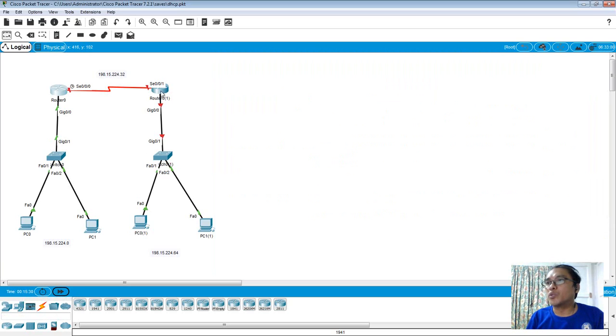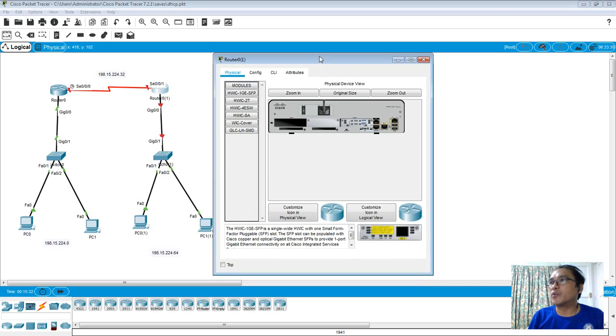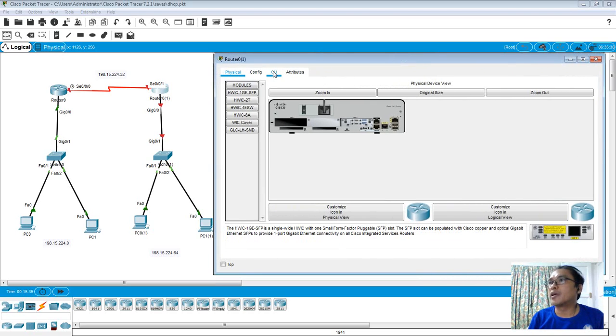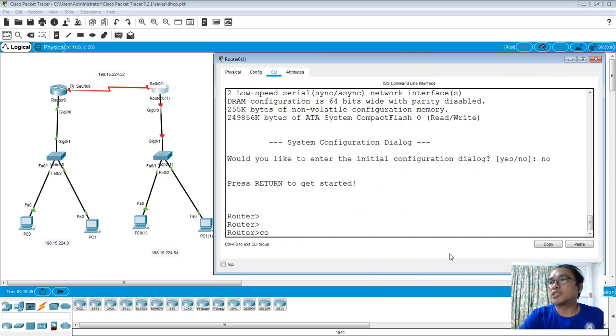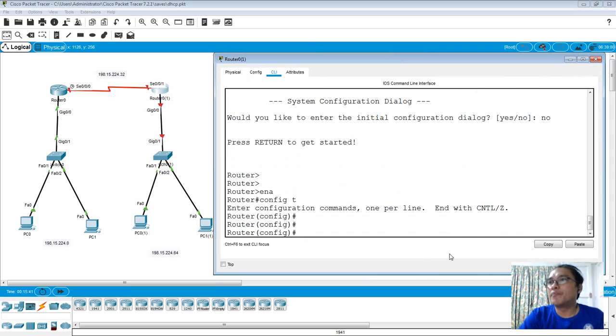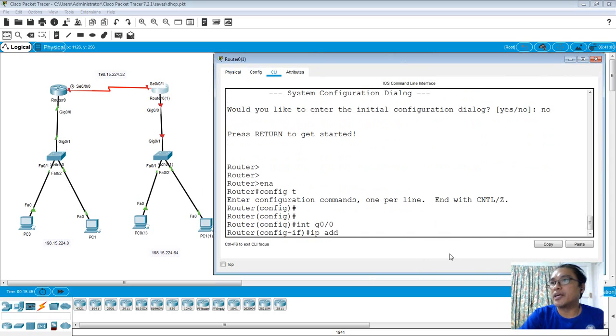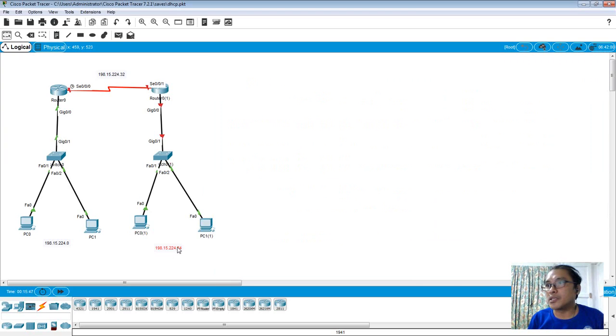Okay, so we jump to the next router. Then we are going to configure this router's interfaces also. Okay, CLI, no, then enable, config t, then int G0/0, ip add. So take note, this area here is network 64.